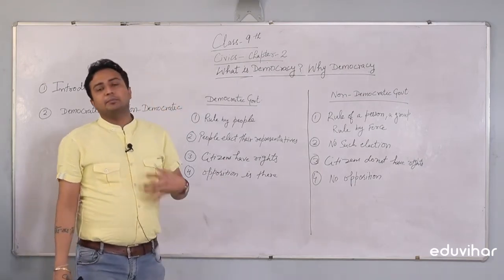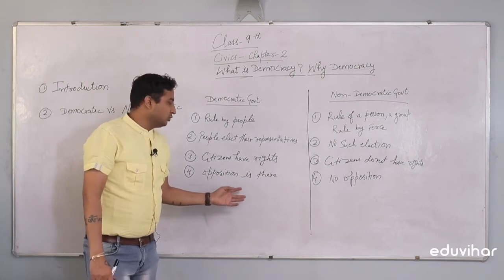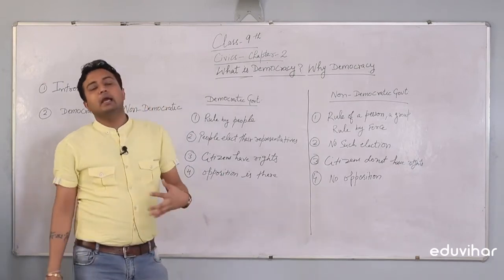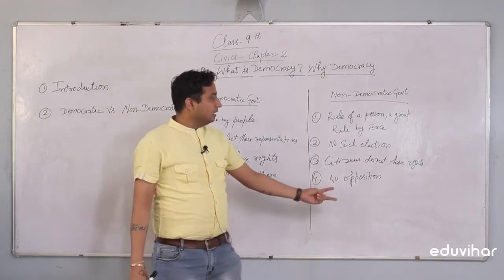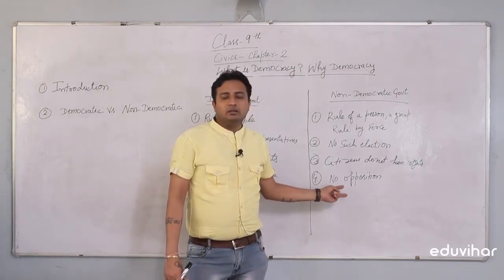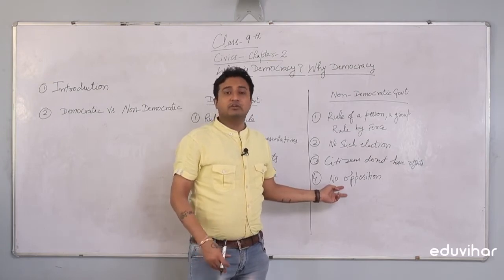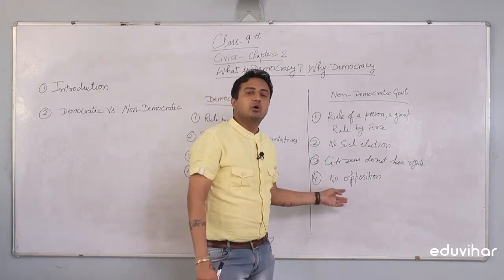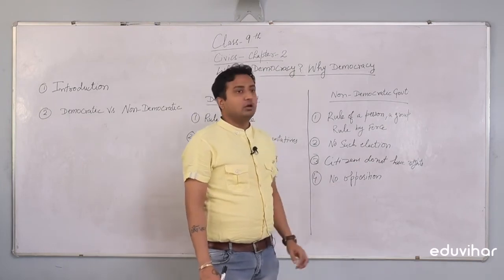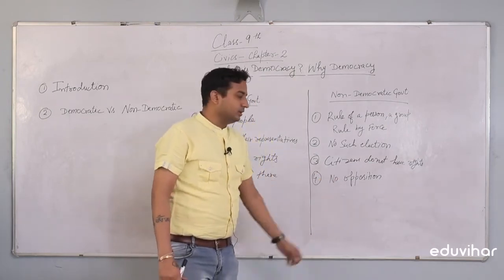So there are some parties which are not able to get the majority and they will play the role of opposition in our democratic country. But in a non-democratic country, there are no such elections. If there are no elections, there will be no political parties. If there are no political parties, there will be no opposition in a non-democratic government.